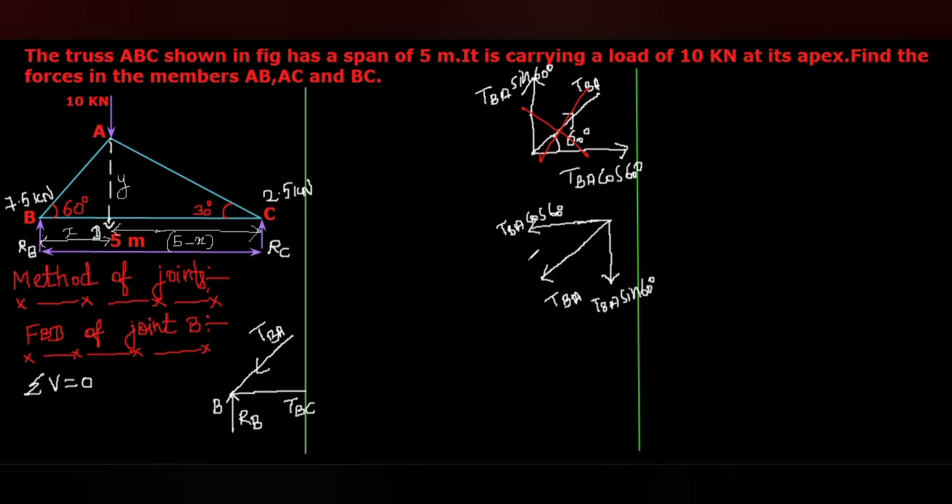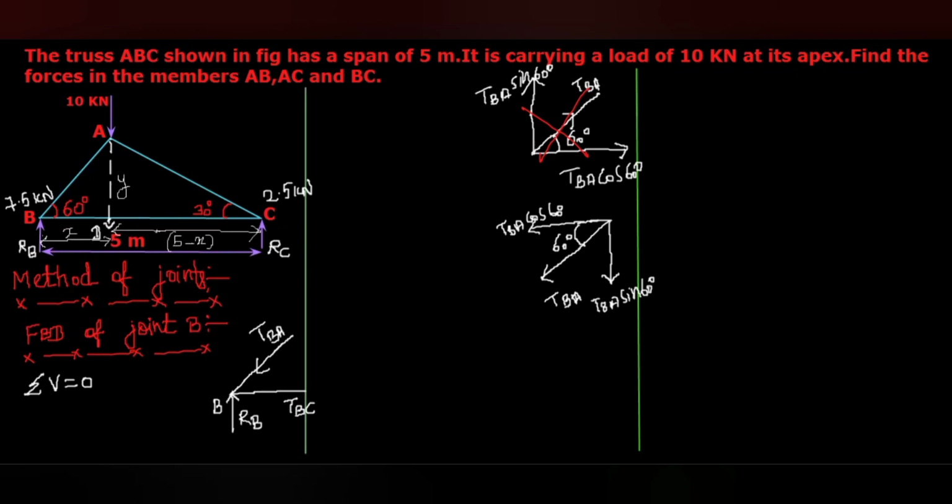So here, when you consider this TBA sin 60, the vertical resolved component of this force TBA, that is acting exactly downward, that can cancel or compensate the upward force RB.